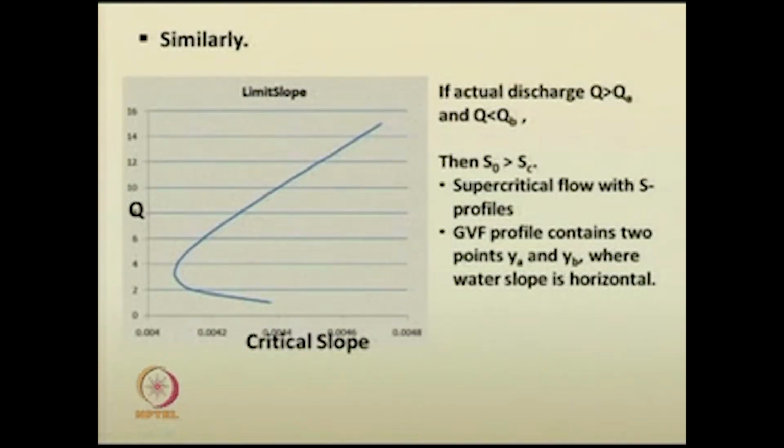Similarly, you can explain for a situation where Q is slightly greater than QA, but however less than QB. Then in that situation your bed slope will be greater than the critical slope and your supercritical flow will have S profiles. So, that S profile one can think of in the following form.